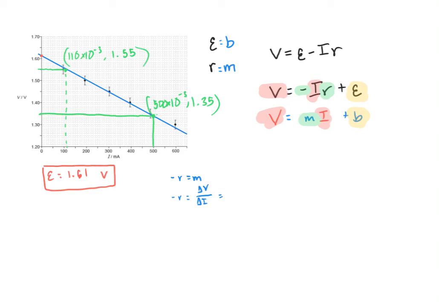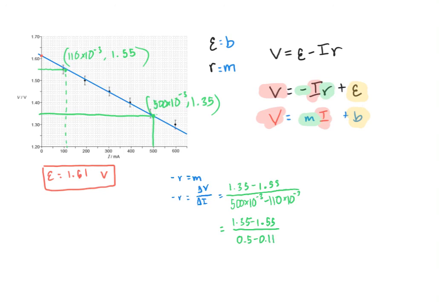So our change in voltage is going to be 1.35 minus 1.55 over our change in current, which is 500 times 10 to the negative third minus 110 times 10 to the negative third. Or if we want to rewrite this, 1.35 minus 1.55 over 0.5 minus 0.11.